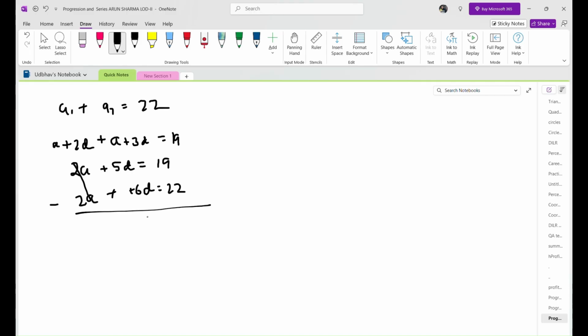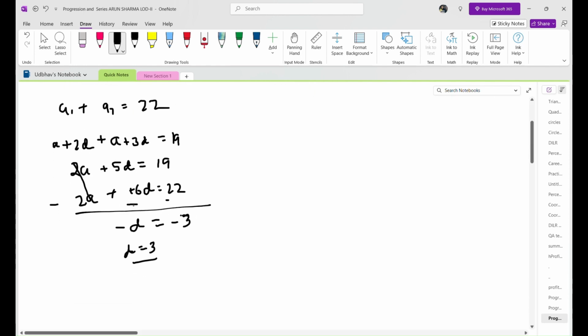This will get reduced. Minus D equals 19 minus 22, which is minus 3. So D equals 3.